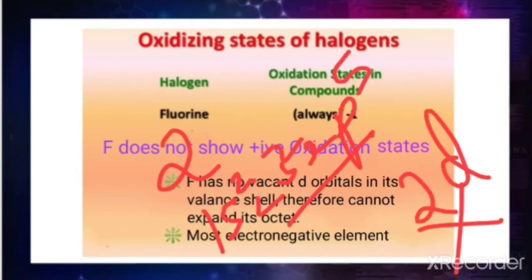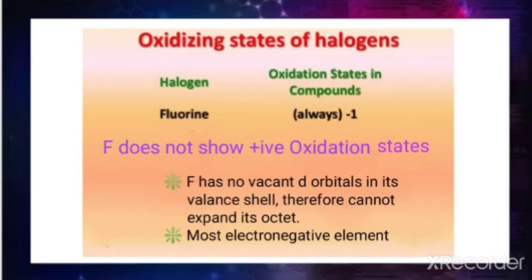Because of the absence of vacant d orbital in fluorine, it cannot expand its octet. Just like the other elements of the same group, they expand their octet due to the excitation of electron to d orbitals. But fluorine has no such vacant d orbitals in order to expand its octet.